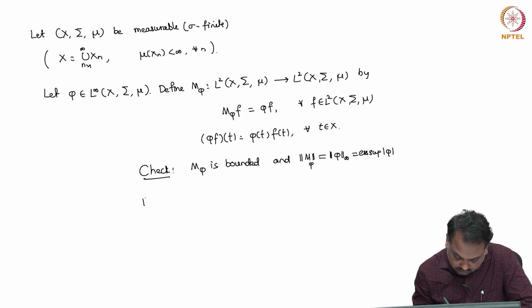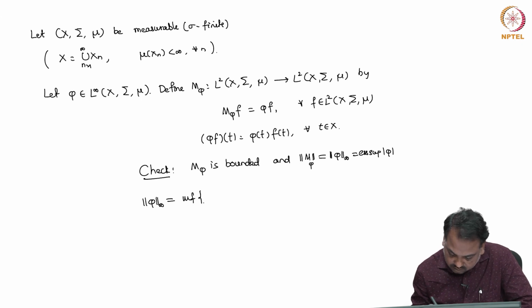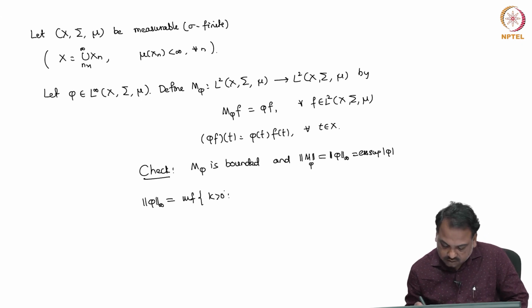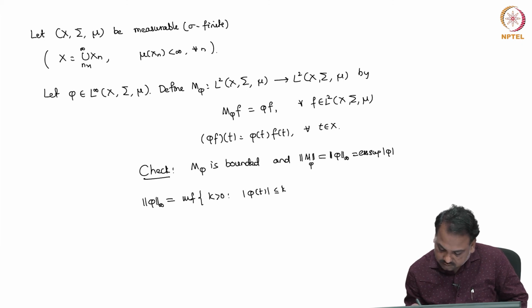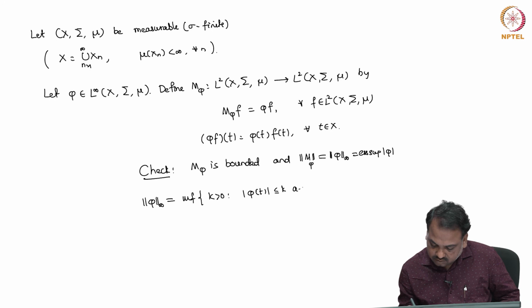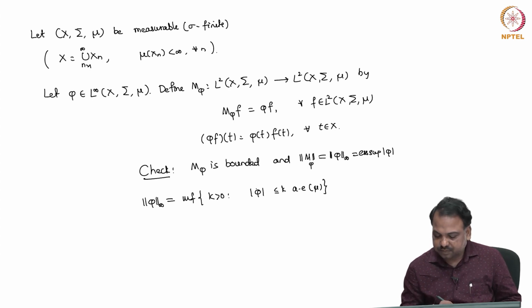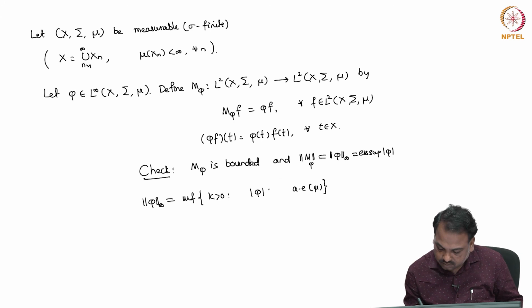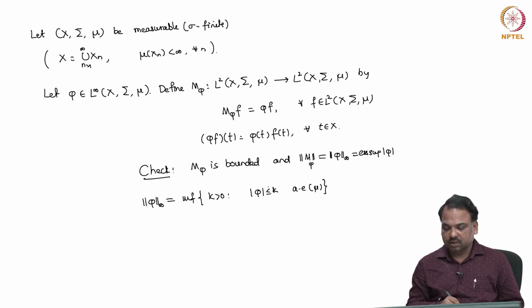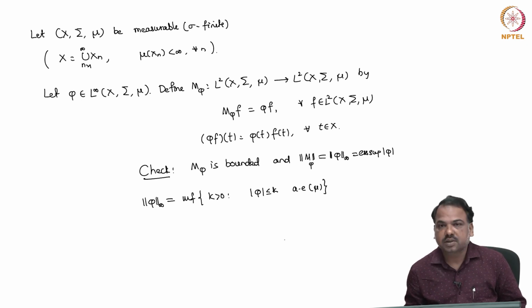The essential supremum of phi is given by the infimum of all those positive numbers k such that mod phi of t is less than or equal to k almost everywhere with respect to mu. So mod phi is bounded almost everywhere, and we take the infimum of all such numbers.